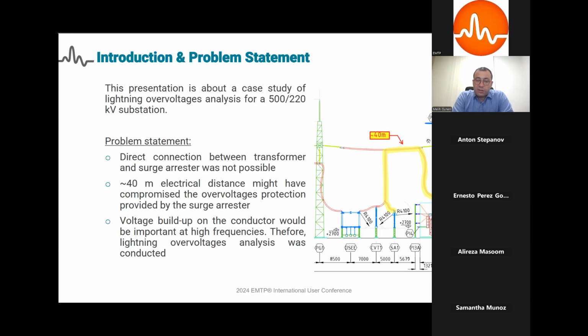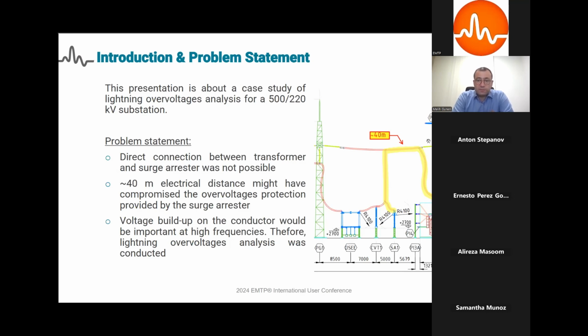In this presentation, I will focus on the main parameters that would affect the result of this overvoltage analysis, and I think the most important parameter is the lightning flash modeling. So I will focus specifically on lightning flash modeling.